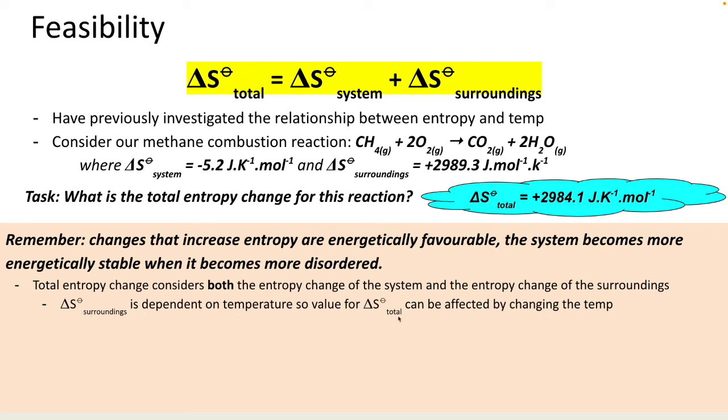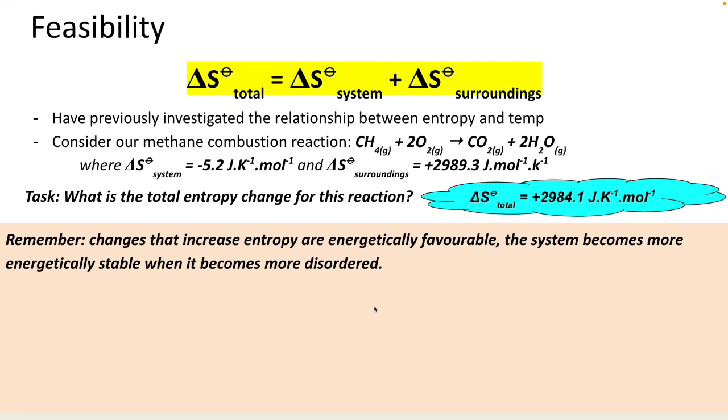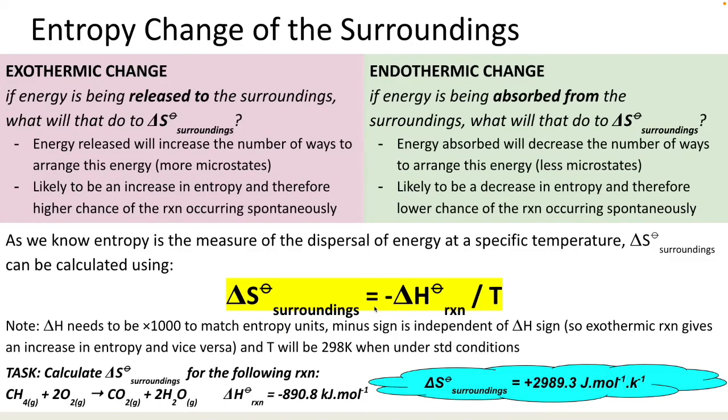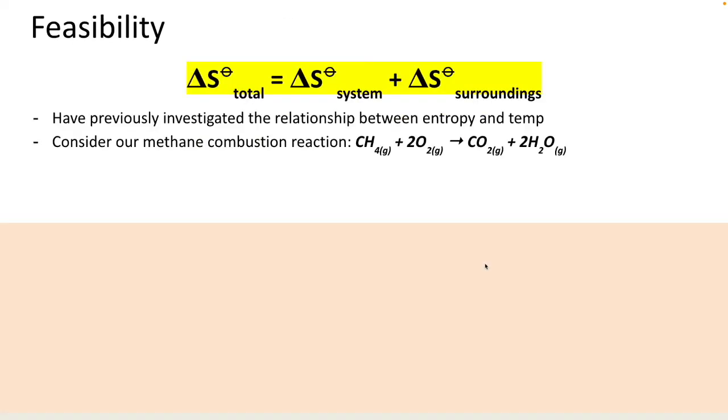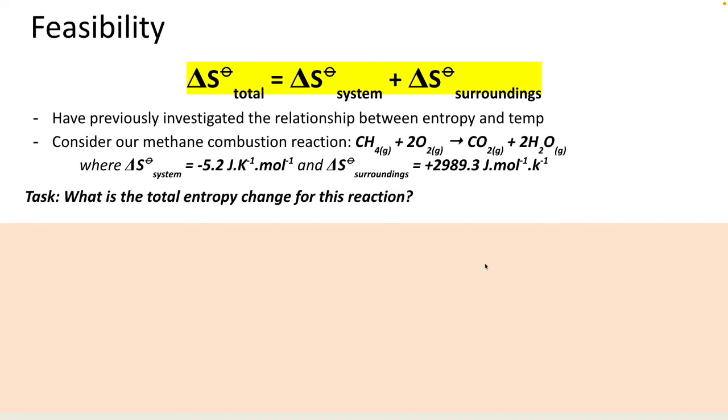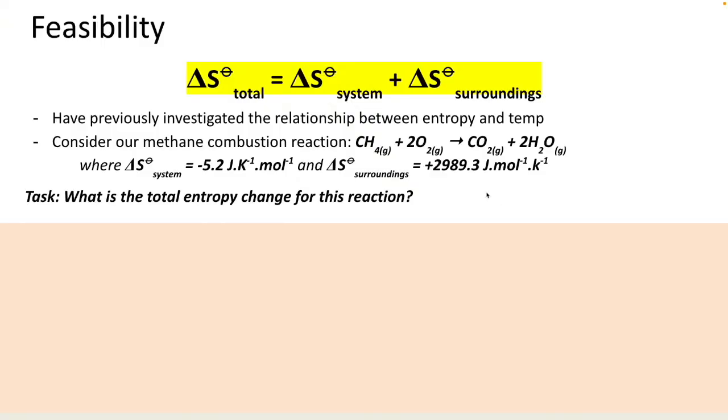So our value for the delta S of the total can be affected by changing the temperature. We've just been looking at standard conditions, but we can see that our delta S of the surroundings is influenced by temperature. So we can make the reaction more or less feasible by manipulating the temperature as well. Just an important thing to note.